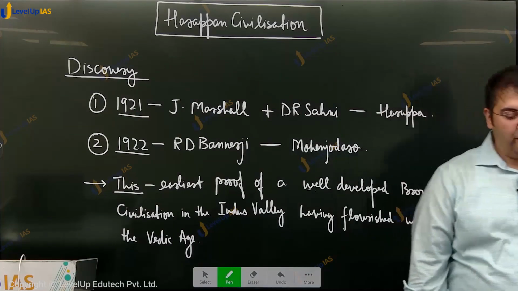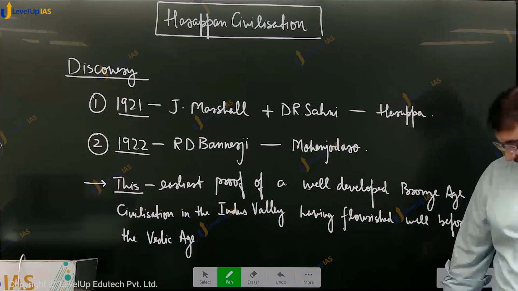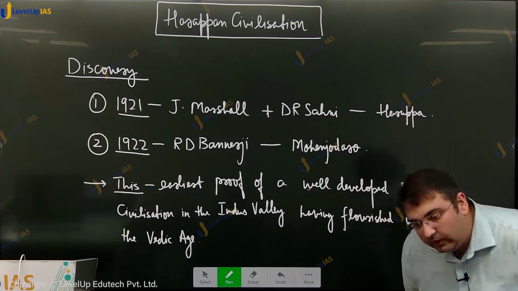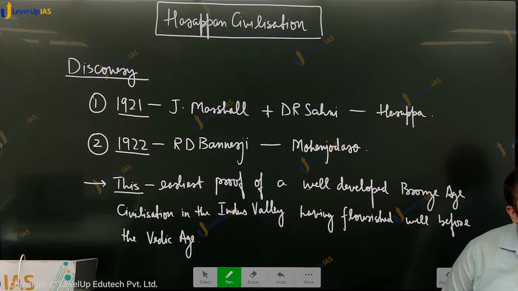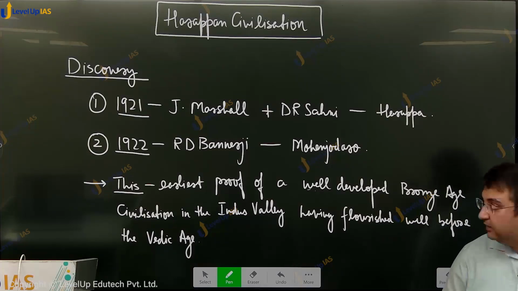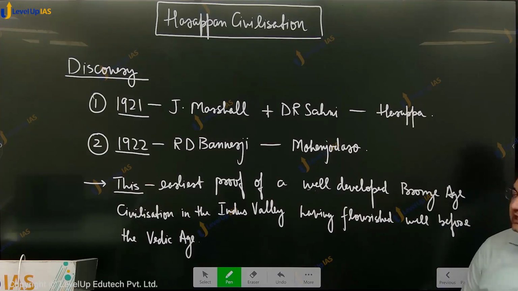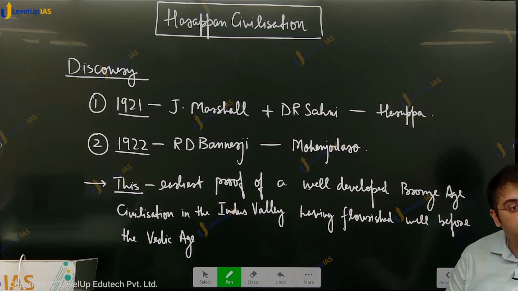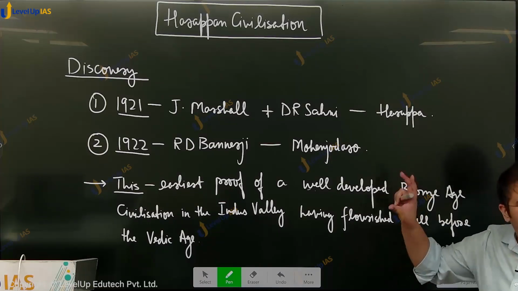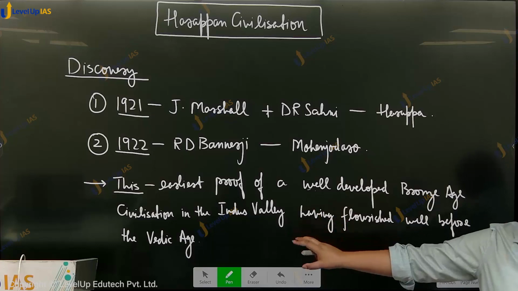Now, before this, the popular belief was that the Vedic age was the oldest evidence of a civilizational stage having been achieved by Indians in the whole of Indian history. This pushed the antiquity of Indian civilization by almost 1500 years before that period. Okay?